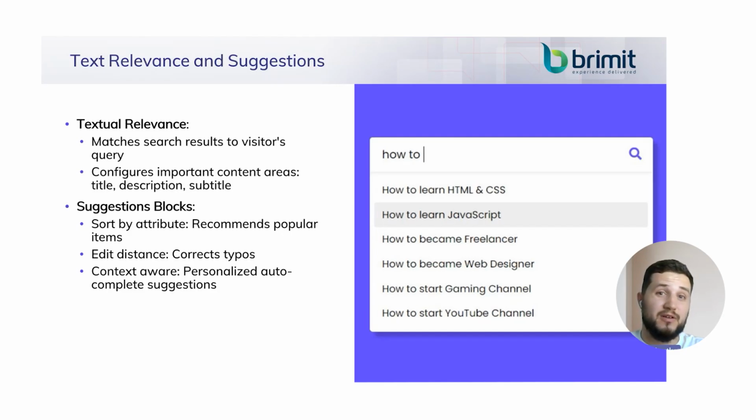To be honest, I was hoping for quick and easy settings for this, but Sitecore has focused more on allowing deep customization of the features. To fine-tune them, you need to have a good understanding of the analyzers and know which ones to use to achieve the desired result. For my project, I just used the Sitecore documentation and set up basic text relevance and suggestions.